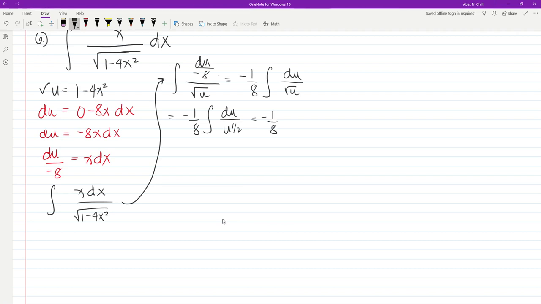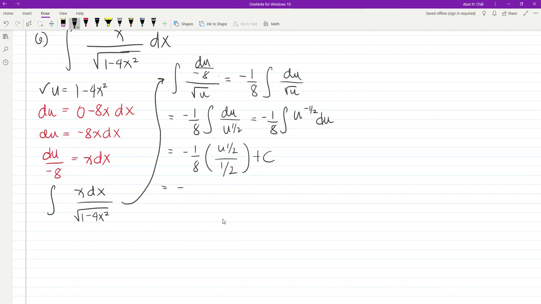So we have negative 1/8 integral of u raised to negative 1/2 du. So, voila, we can simply evaluate the integral using the power rule. So we have u raised to negative 1/2 plus 1, so that becomes u raised to 1/2 all over 1/2, plus c.